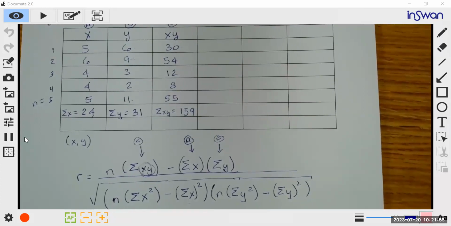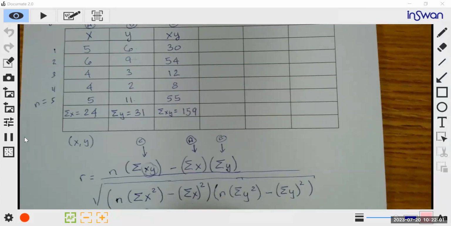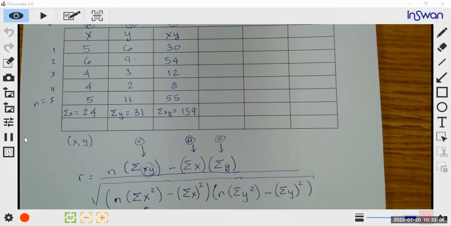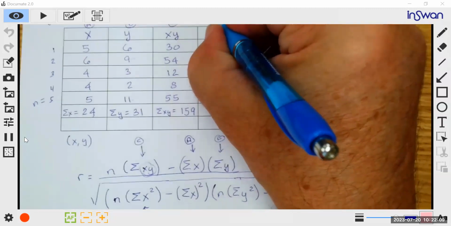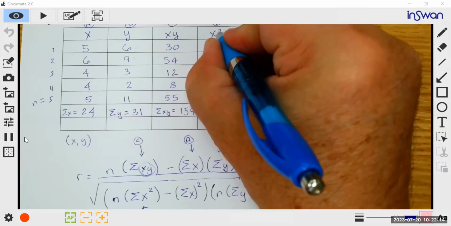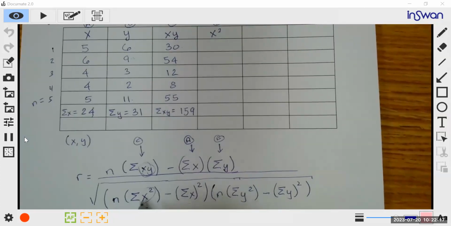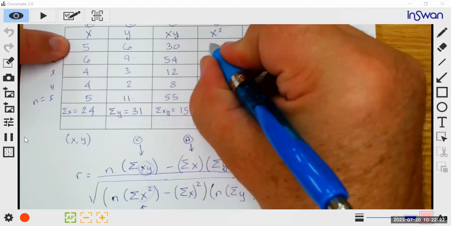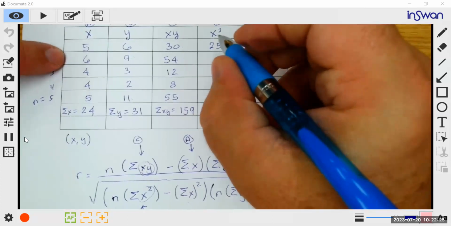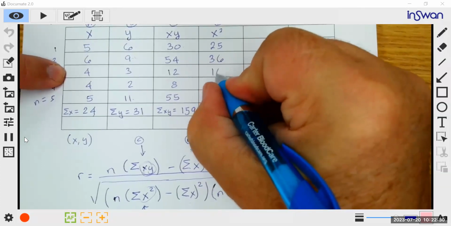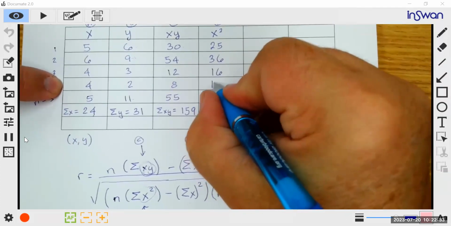What else do we need to find before we calculate our final answer? Yeah, we have to find x squared. We'll put that in column D. So we have to take all the x's and square them. 5 squared is 25. 6 squared is 36. 4 squared is 16. 4 squared is 16.